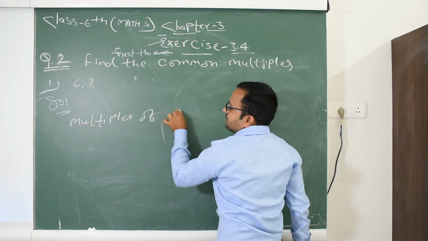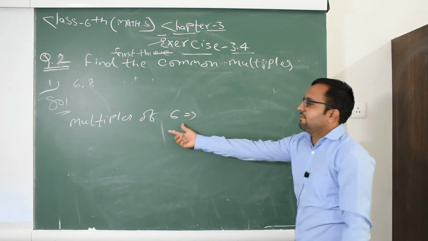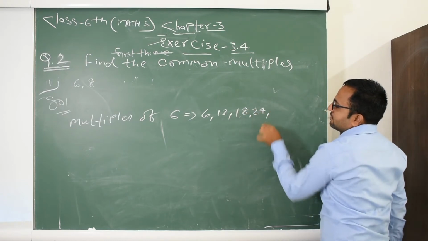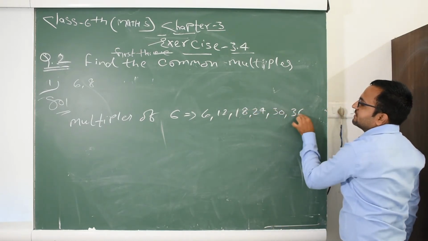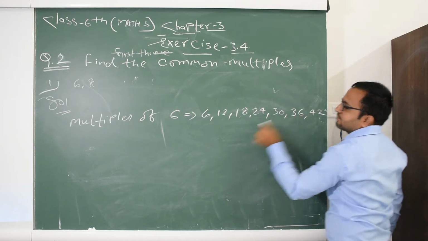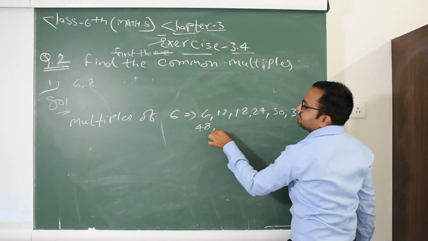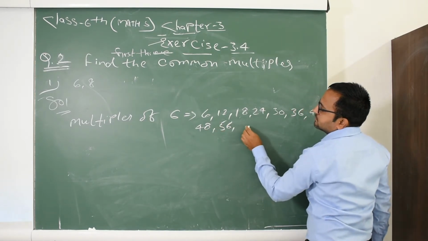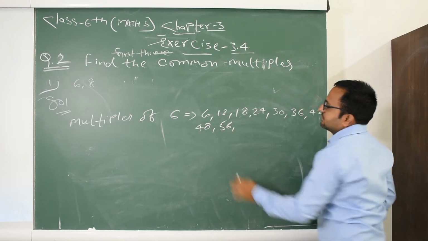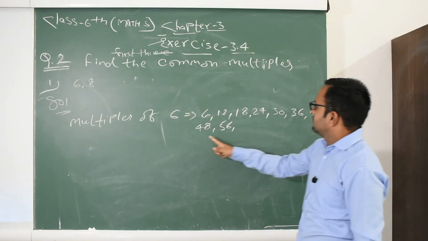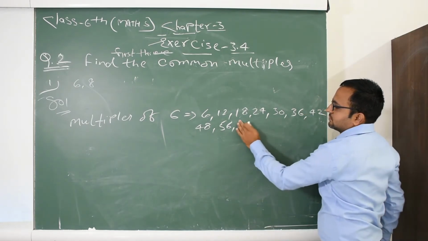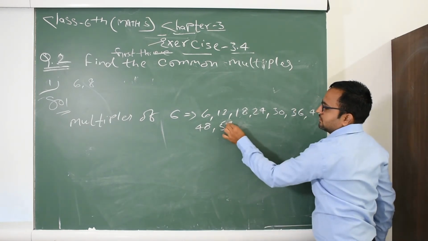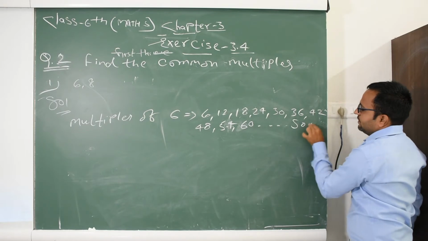So multiples of 6, that means the table of 6: 6, 12, 18, 24, 30, 36, 42, 48 and so on.